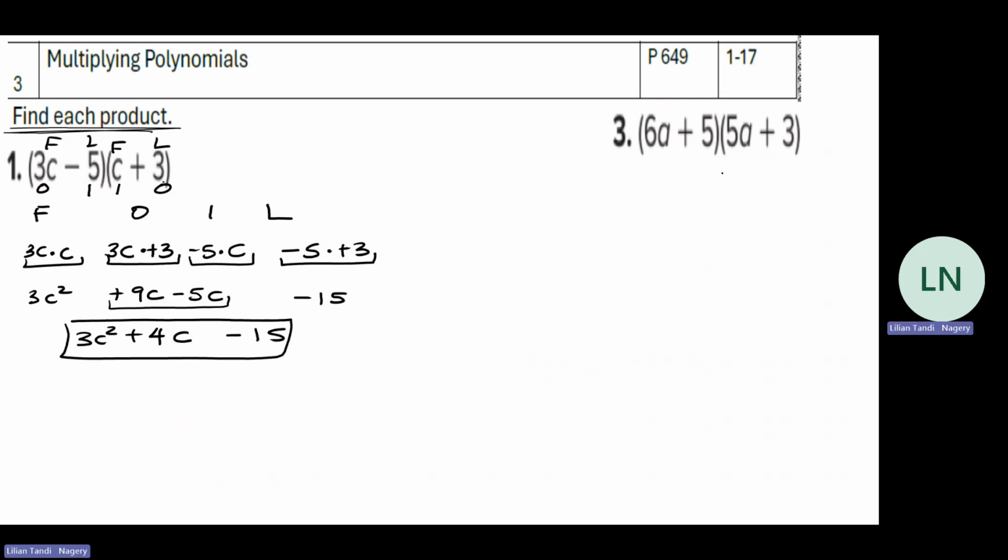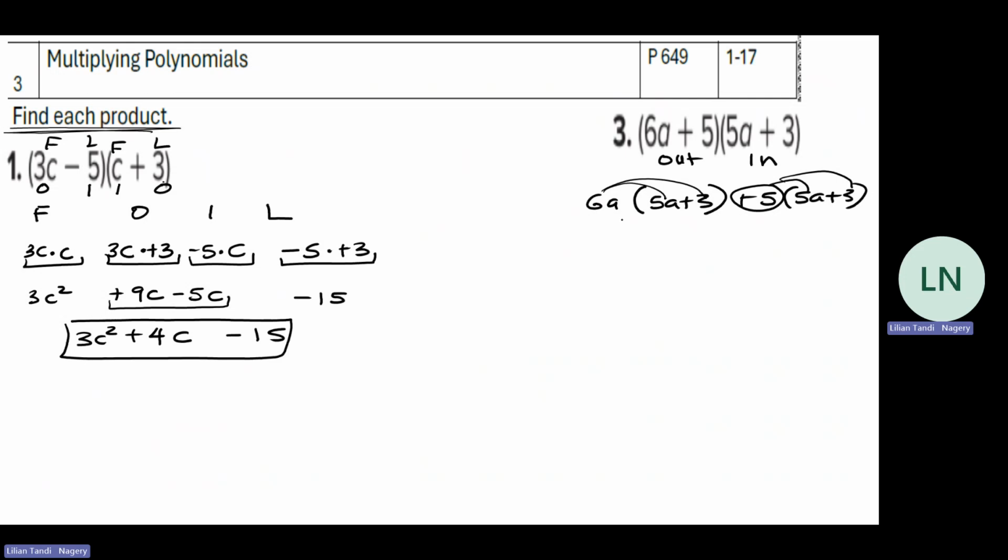Okay, here let's do distributive property. This is my out, this is my in. So out is 6a, 5a plus 3 plus 5, 5a plus 3. Then you distribute your coefficient inside the parentheses.